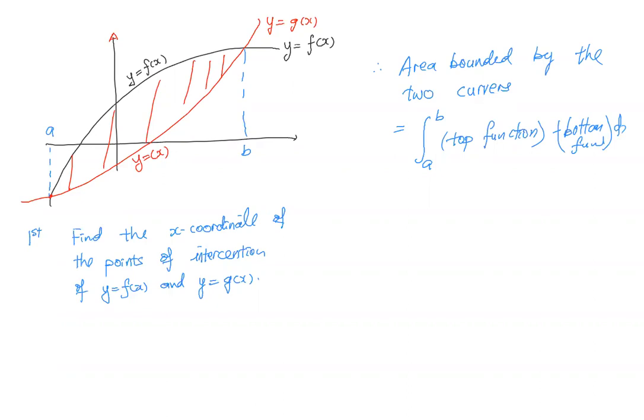If you do it the other way around, you will get a negative value. So from A to B, the top is fx. We don't know which one comes first. The bottom in this case is y equal to gx. Or you can say above, below. Up to you.